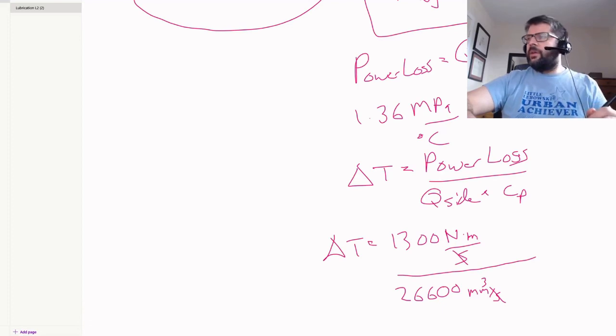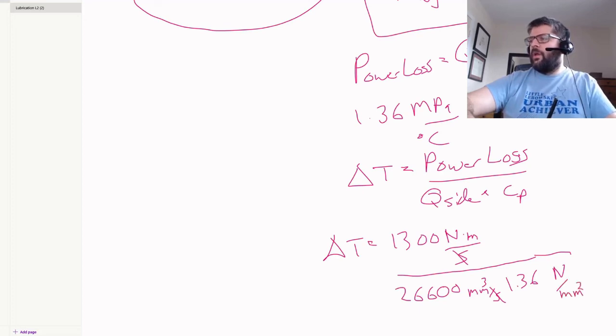And the specific heat capacity, 1.36 MPa per degree Celsius. I'm going to put the MPa in terms of newtons per millimeter squared, and then degree Celsius at the top here. So this cancels out 2 of the millimeters on the side flow. The newtons up here cancel out, and we are left with a meters per millimeter term here.